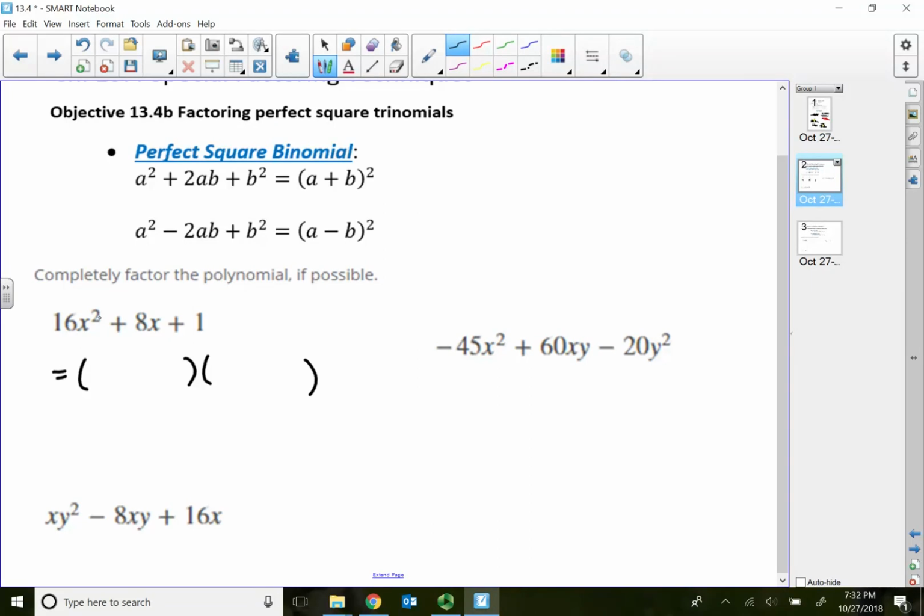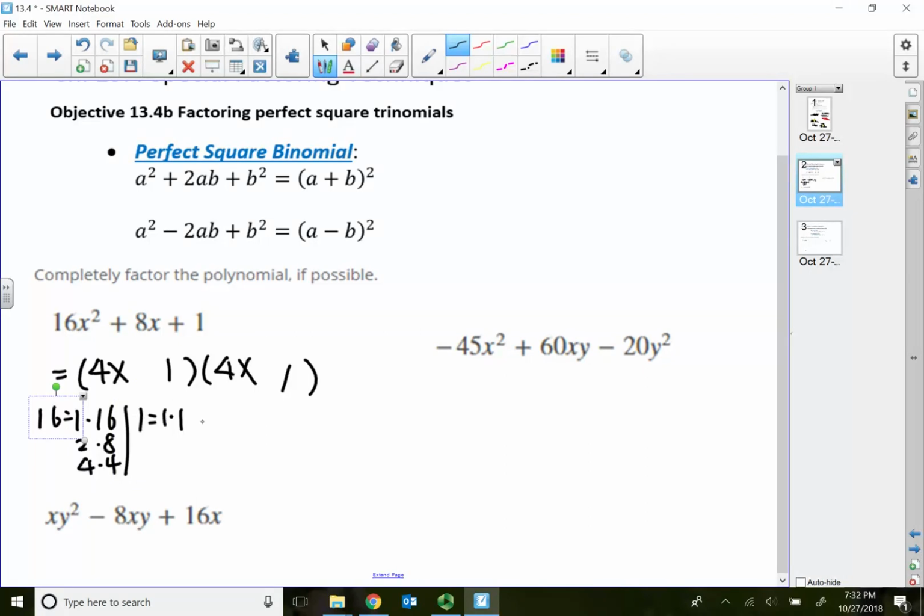For 16x squared, 1 times 16 is 16, 2 times 8, and there is also 4 times 4. Most of the time, our first instinct is to use the two numbers that are closest together, multiplied to give me that 16, which is 4x and 4x. The factor of the last term, 1, is only 1 times 1.